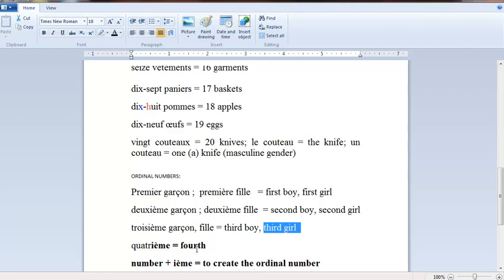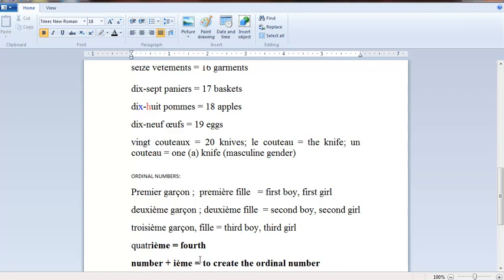Quatrième, it means fourth. So already you can infer a rule for how you build ordinal numbers in French just by adding this ending, I-E-M-E with this accent, northwest to southeast, on the E. You add it as an ending to the number.